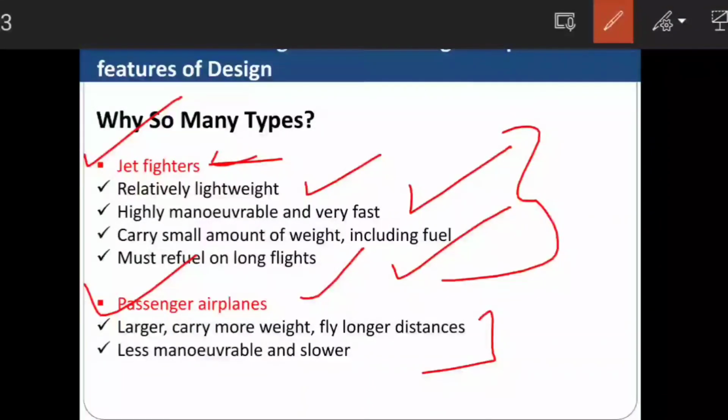The passenger airplane is larger, carries more weight, flies longer distances, is less maneuverable and slower because of its big size, and has more stability compared to the jet airplane. The jet airplane has less stability compared to the passenger airplane. We will discuss stability later. I hope you understand why there are so many airplanes.